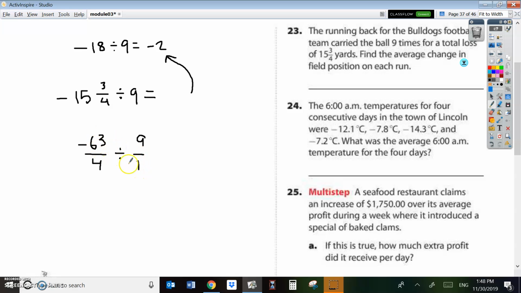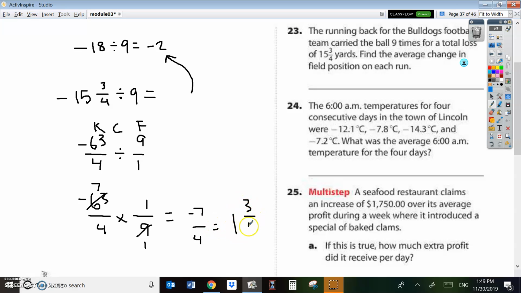Now look, you're just dividing fractions now. Keep that, change that, flip that. Negative 63 over 4 times 1 over 9, and now cross cancel those. 9 divided by 9 is 1, 63 divided by 9 is 7, so it looks like negative 7 times 1 is negative 7, 4 times 1 is 4, so negative 7 over 4 is the same as negative 1 3/4.